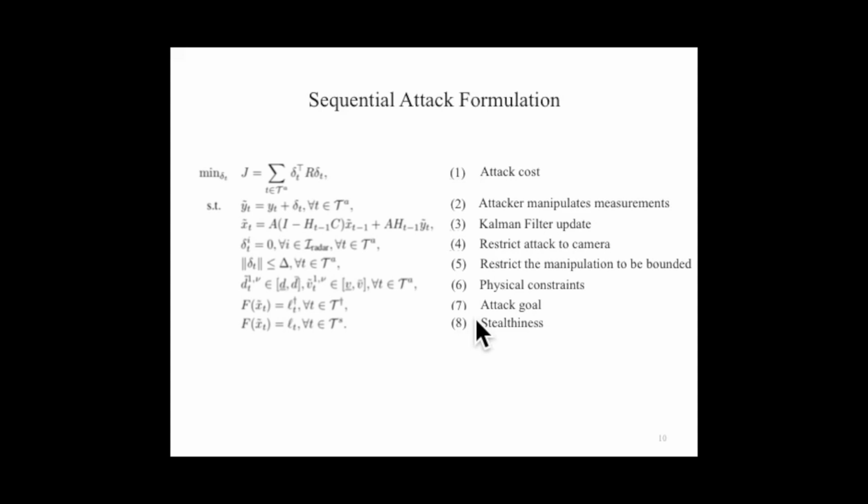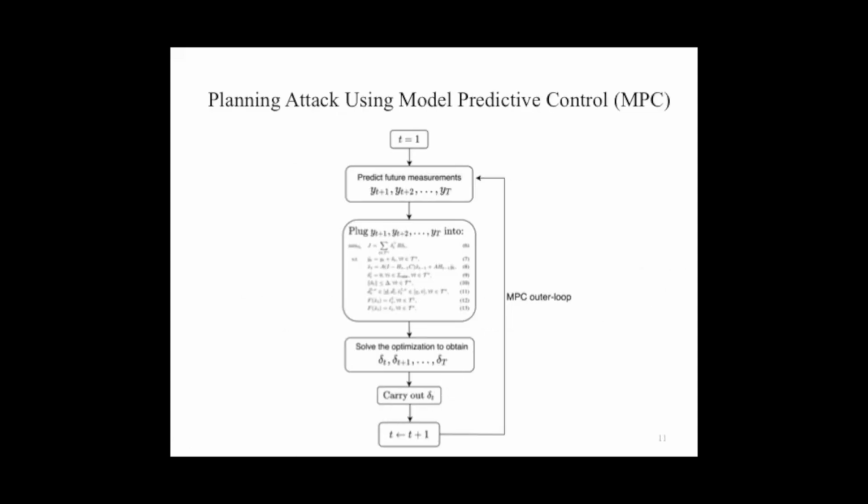Unfortunately, this attack optimization is not well defined because equation 2 involves future measurements that cannot be observed. To tackle this difficulty, we propose using model predictive control, or in short MPC, to plan the optimal sequence of manipulations. Here's a diagram of our MPC-based attack framework. The whole procedure starts from step 1, and in every time step, the attacker first predicts future measurements based on some assumed generative model of the measurements, and then plugs those predictions into the previous attack optimization formulation to replace those unknown future measurements.